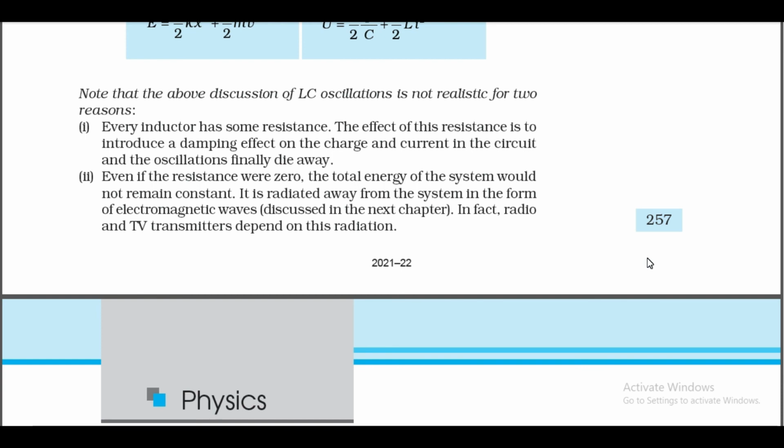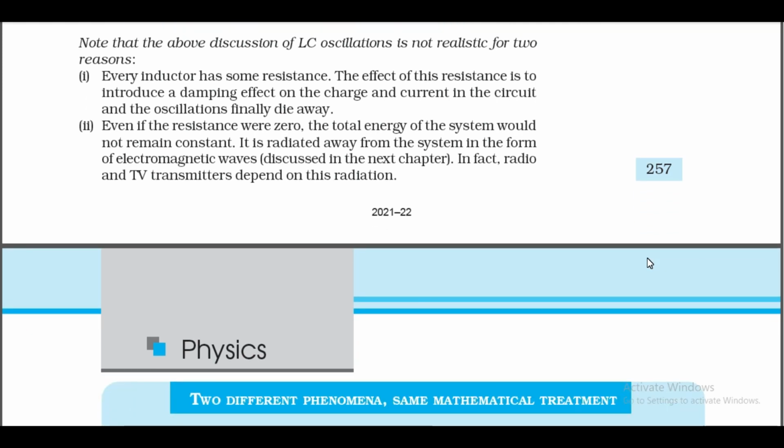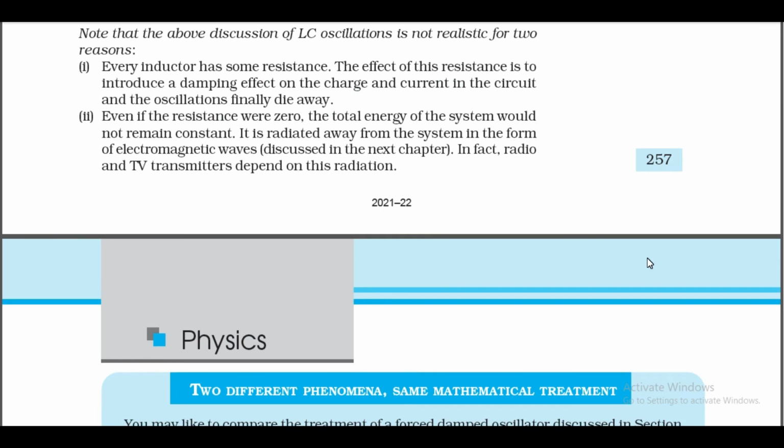Second, even if the resistance were zero, the total energy of the system would not remain constant. It is radiated away from the system in the form of electromagnetic waves, discussed in the next chapter. In fact, radio and TV transmitters depend on this radiation.